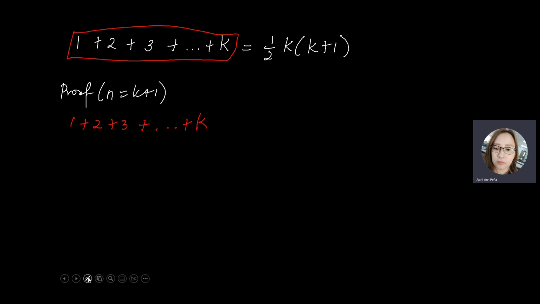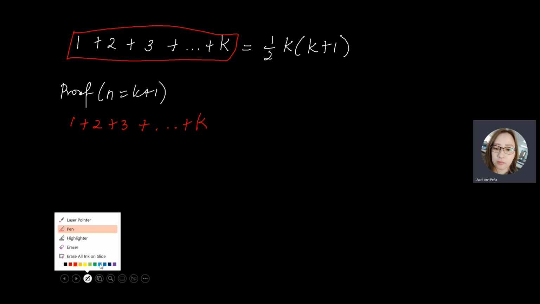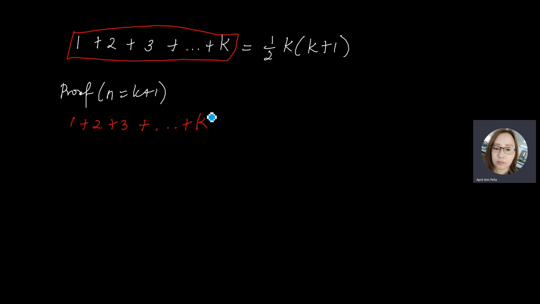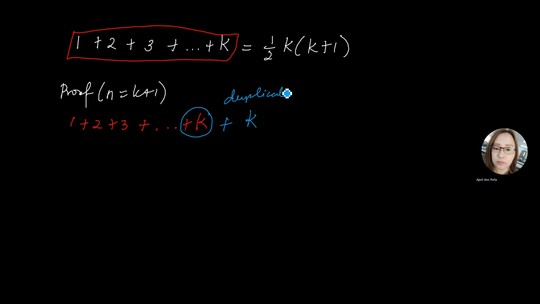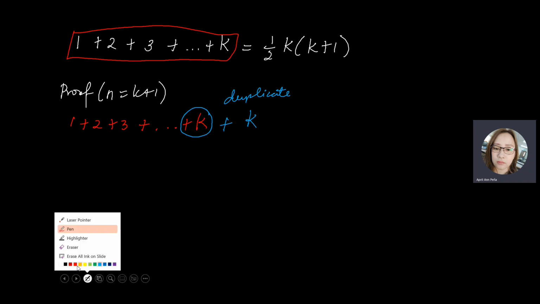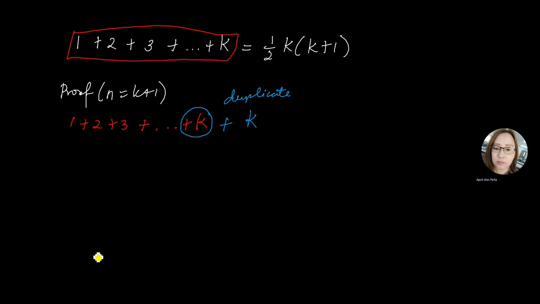Then after copying the left side of the induction hypothesis, the next thing you are going to do is duplicate the portion with the variable k. So you duplicate it, and that will be plus k. After you duplicate, you are going to add 1. So that would be plus 1.